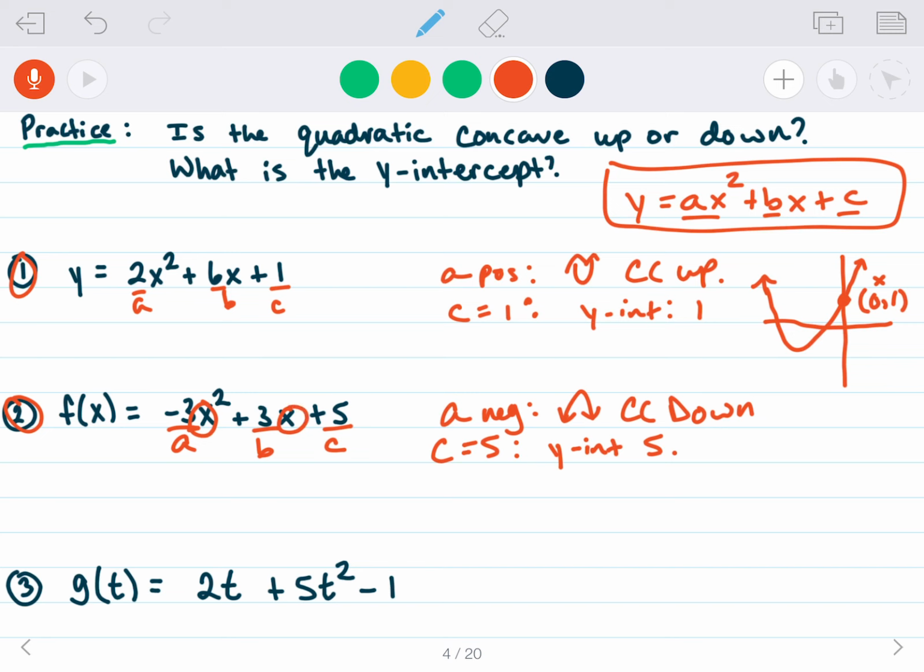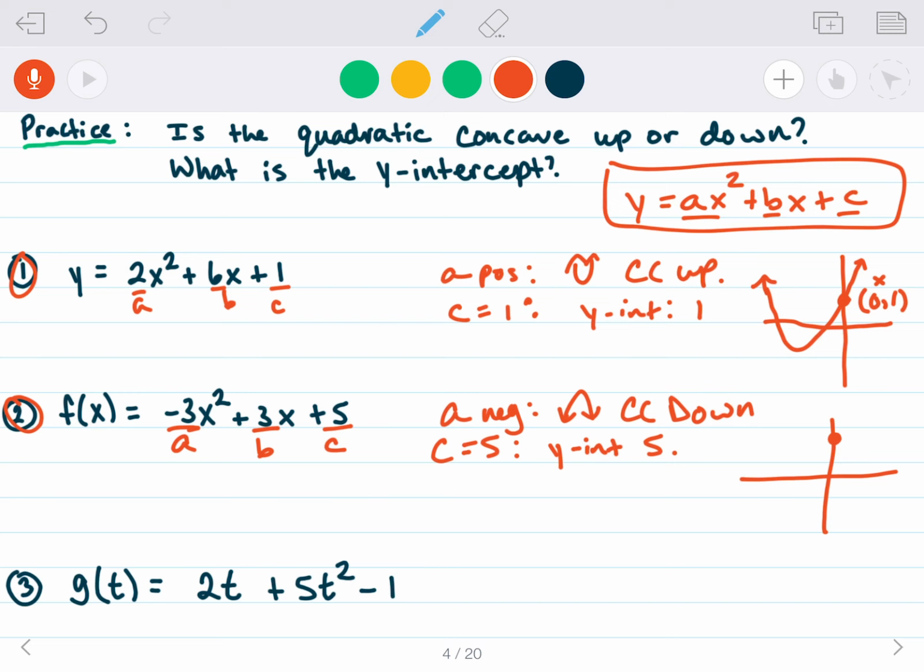So you can figure out points on the curve that way. And we're going to do more of that in the next section when we talk about vertex form. But for now, we could get a rough picture. We know the shape of it. It's concave down. We know that it passes through y equals 5. And that's really all we know, basically.